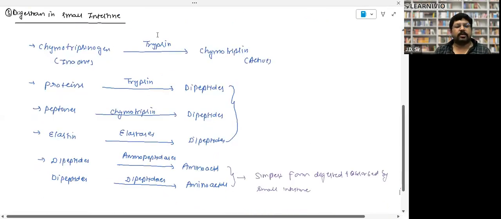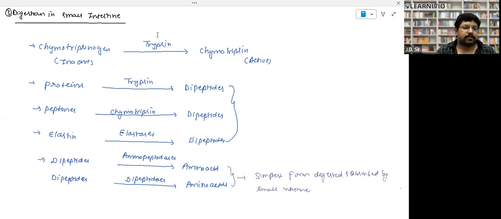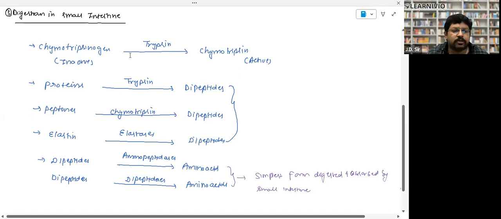Next, digestion in the small intestine. In the small intestine, chymotrypsinogen is an inactive enzyme. Trypsin converts chymotrypsinogen into chymotrypsin, an active enzyme. Protein is broken down into peptones by trypsin.